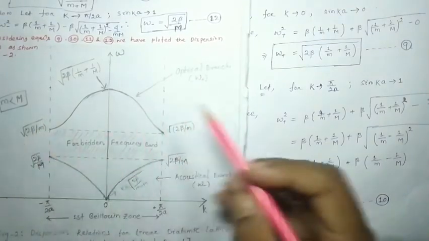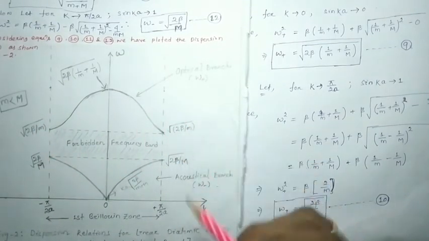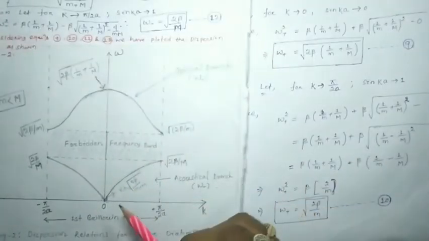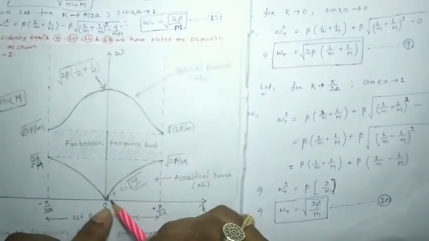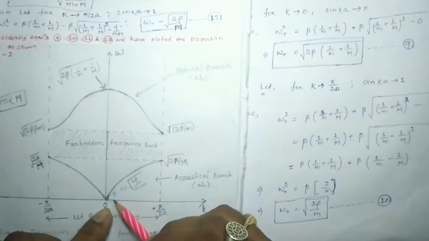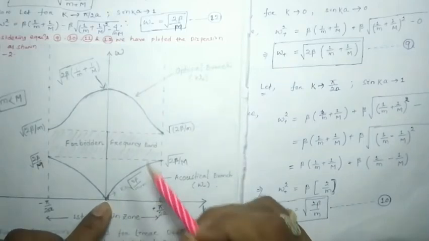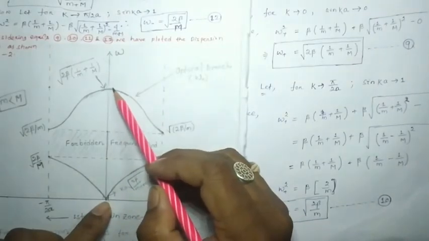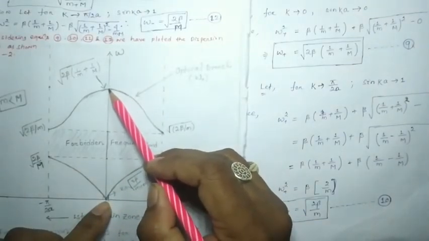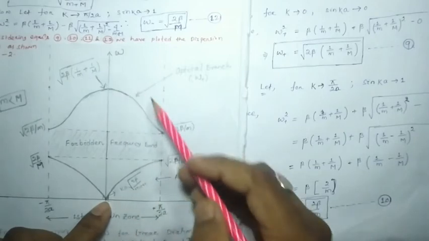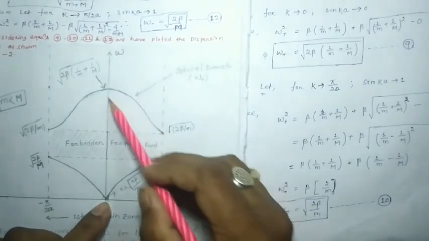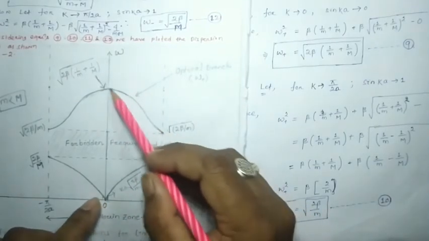If we take different k values from 0 to pi by 2a, the omega plus value varies from this higher point to this lower one. This is the variation of omega plus.